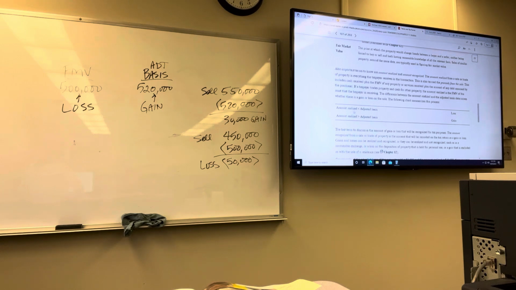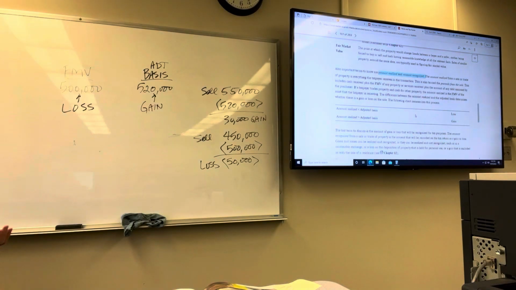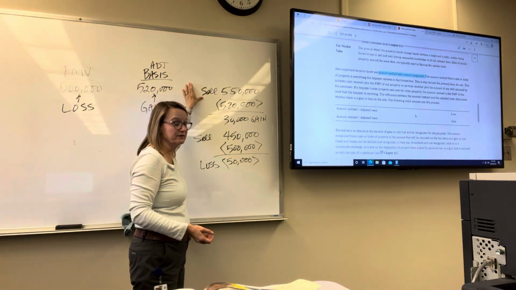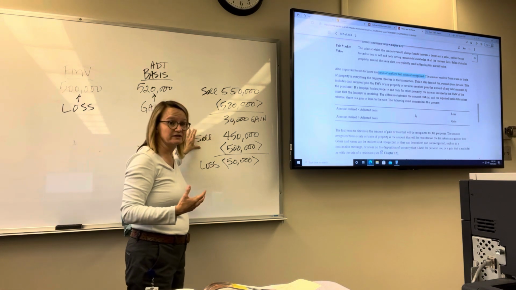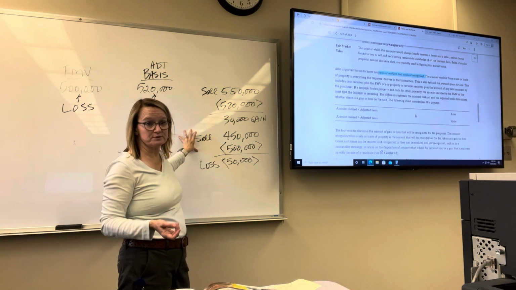So here we go, amount realized again. So remember, we've got a difference between realized and recognized. We're going back to that. Amounts realized are the actual cash that you received it for. What did you sell it for? So in this case, $550,000 would be the amount that we realized. We're getting $550,000. $450,000 in this scenario. This is not, though, what we recognize for tax purposes.